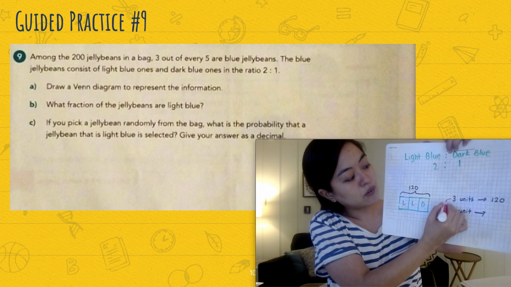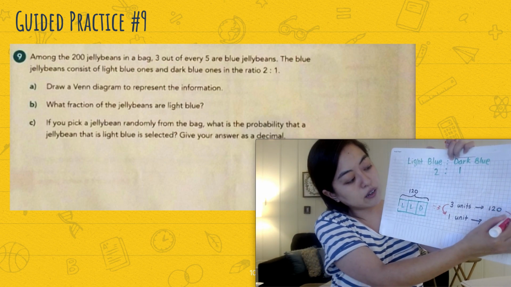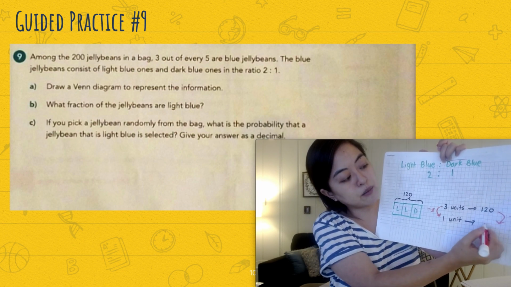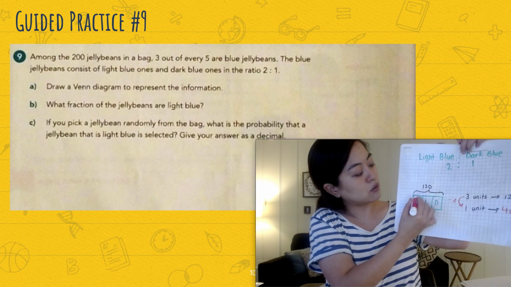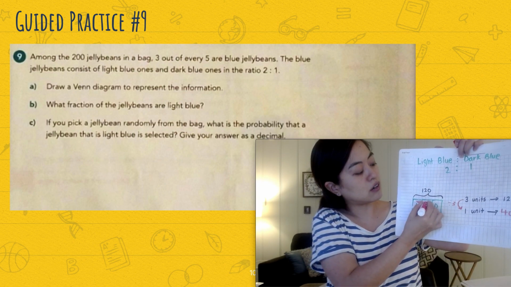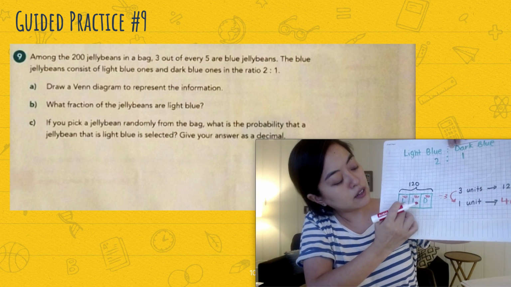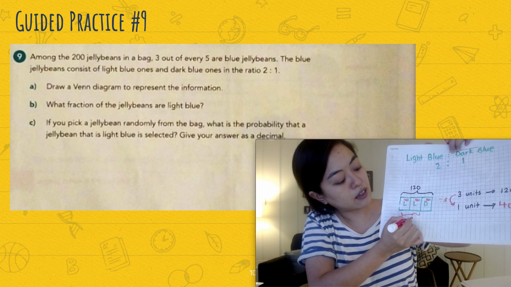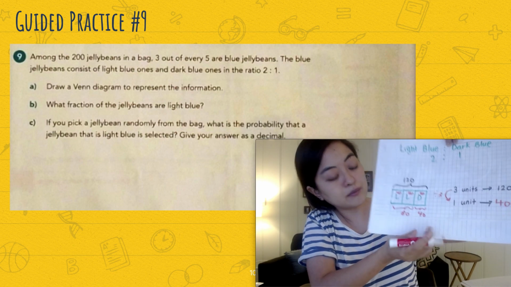Well, we need to divide by 3. 3 divided by 3 gets you 1. We're going to do the same thing on the other side. Okay? 120 divided by 3 gets you 40. So each of these units are 40. For light blue, I have 80, and for dark blue, I have 40.